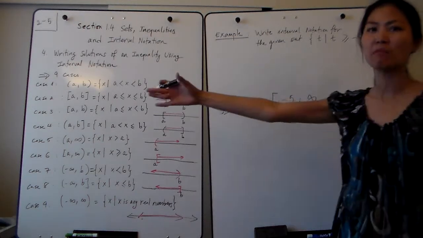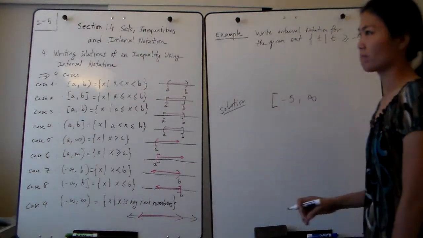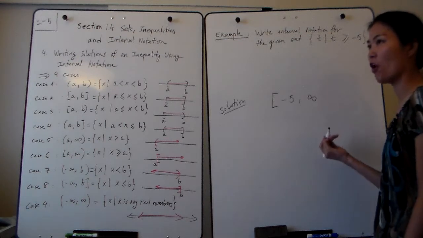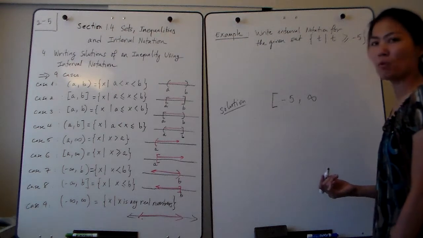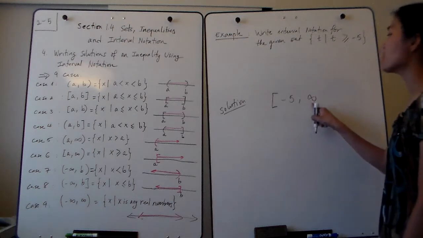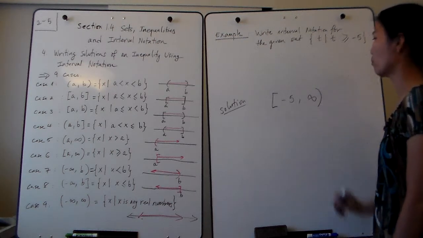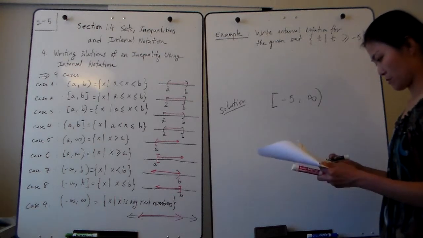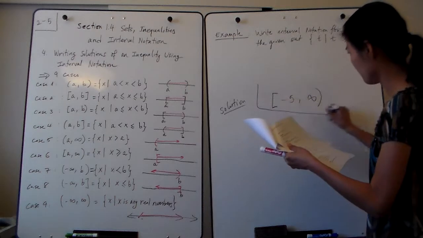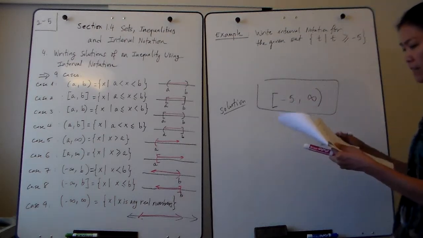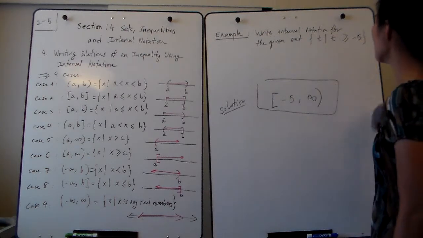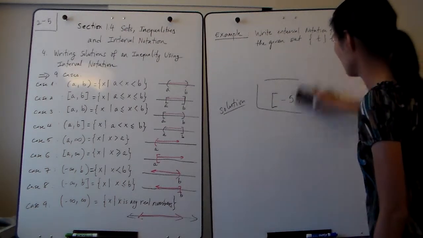Infinity means any positive number that extends to the right. Because we don't know what finite number, we use parentheses. We don't use brackets for infinity. For positive infinity, we use a right parenthesis. Okay, so this is the answer.